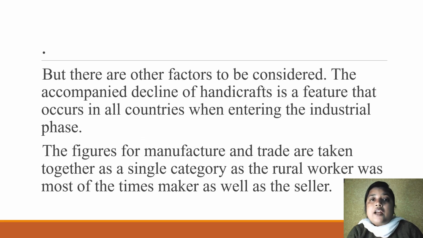But there are other factors to be considered. The accompanied decline of handicrafts is a feature that occurs in all countries when entering the industrial phase. So, as Daniel Thorner puts it, it is not specific to India. That is, the decline of handicrafts is not specific to India. It was happening in all the countries when entering the industrial phase. The figures for manufacture and trade are taken together as a single category, as the rural worker was most of the times maker as well as the seller.